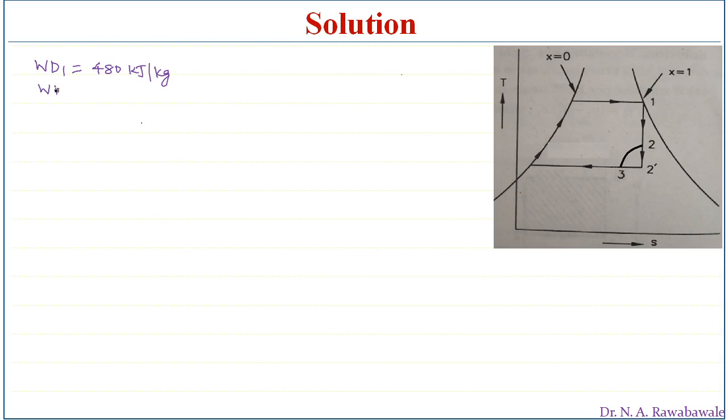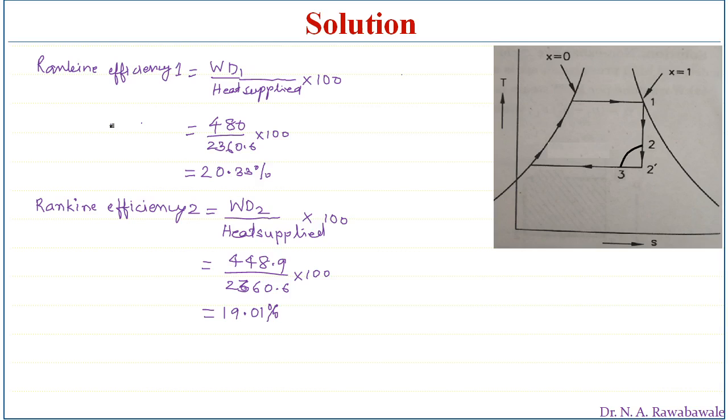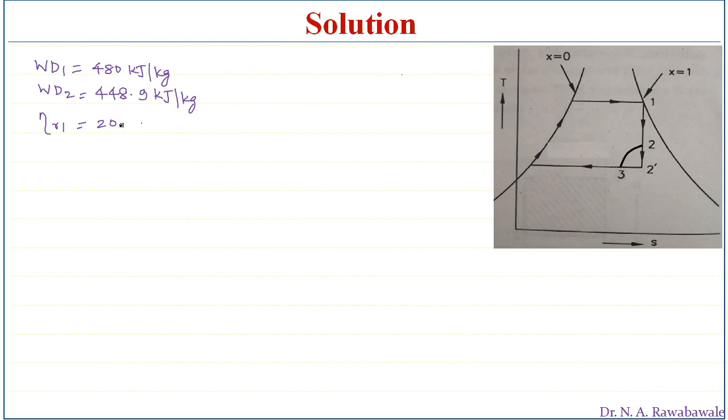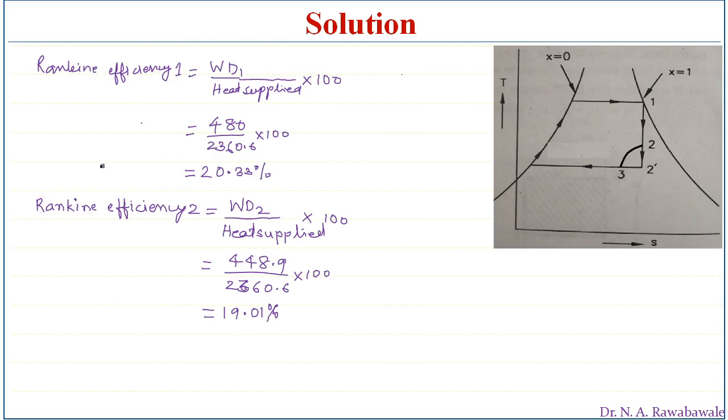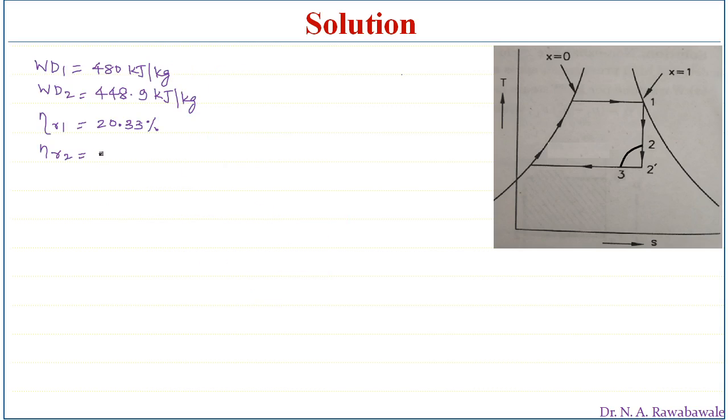Work done 2 is 448.9 kilojoules per kg. Rankine efficiency 1 is 20.33%. And Rankine efficiency 2 is 19.01%.